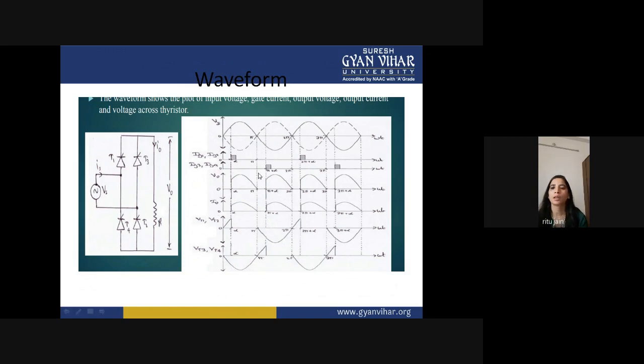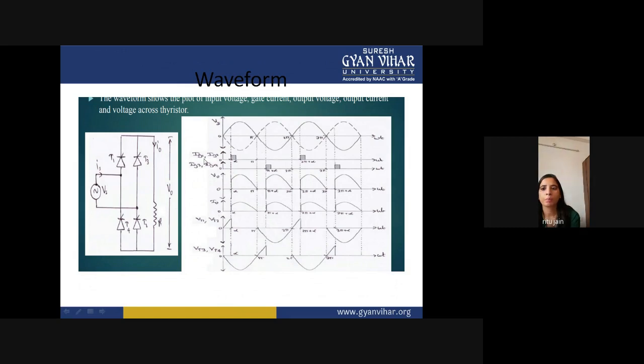First we come to these waveforms. Vs is your input voltage. This is your positive half cycle and this is your negative half cycle. From 0 to π the supply voltage is positive, and from π to 2π the supply voltage is negative. As you know, a thyristor will conduct when you apply a gate pulse to the SCR.